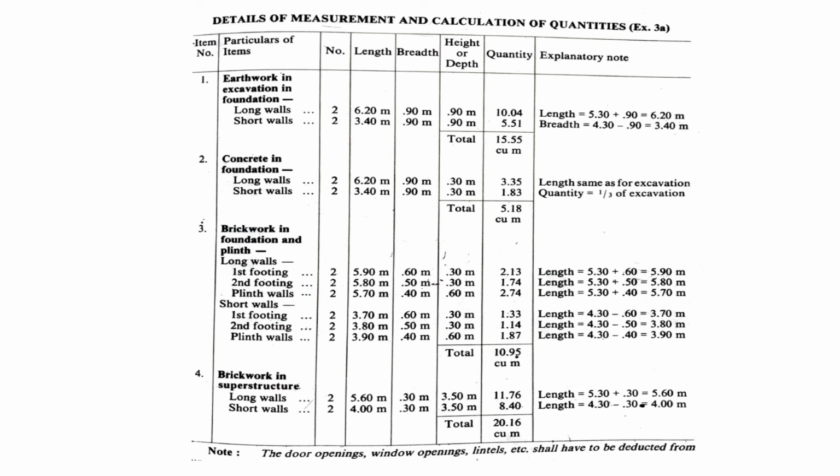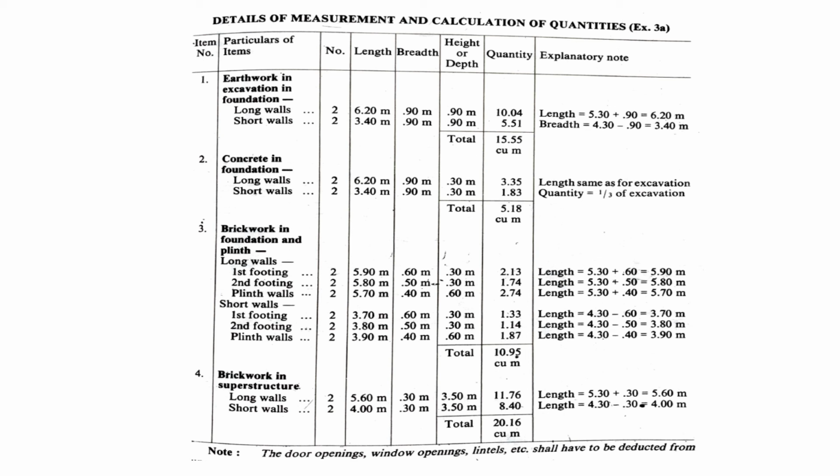In same manner, plinth wall, two numbers, center to center distance minus width of the plinth 3.9 into width of the plinth wall 0.4 into height 0.6, so that totally we get 10.95 m cube for brickwork.